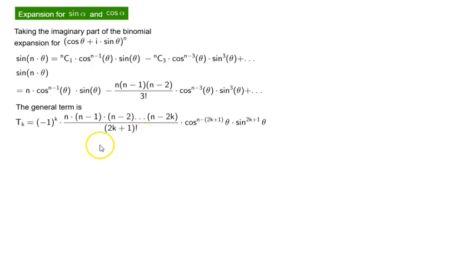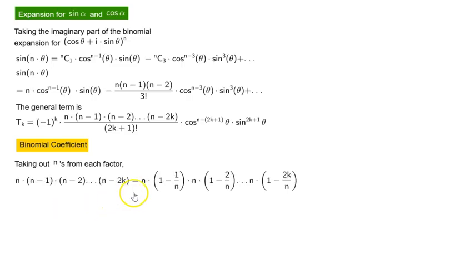Now here we have one factor, another factor, another factor, and another factor. So let's look at them one by one. Let's focus on the binomial coefficient. Taking out n from each of the factors, we get n times (1 minus 1 by n) times n times (1 minus 2 by n) and so on up to n times (1 minus 2k by n).